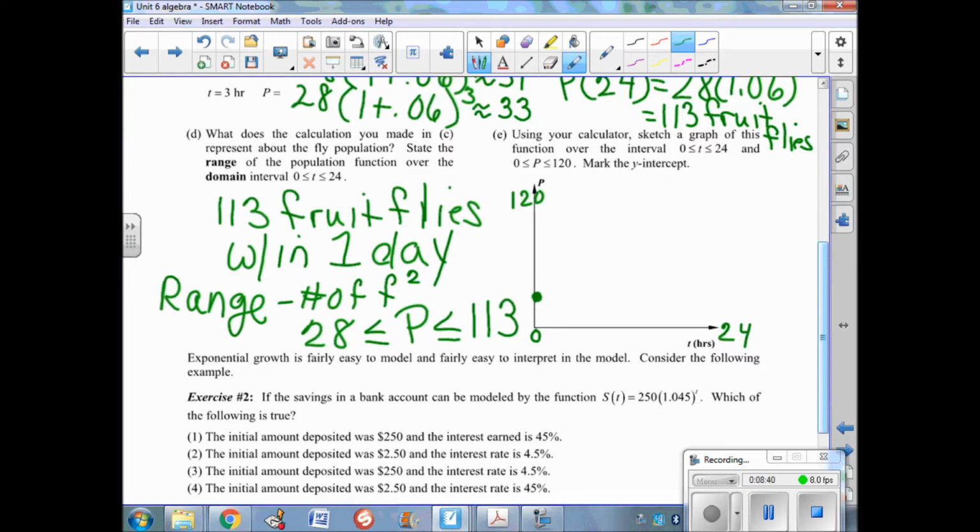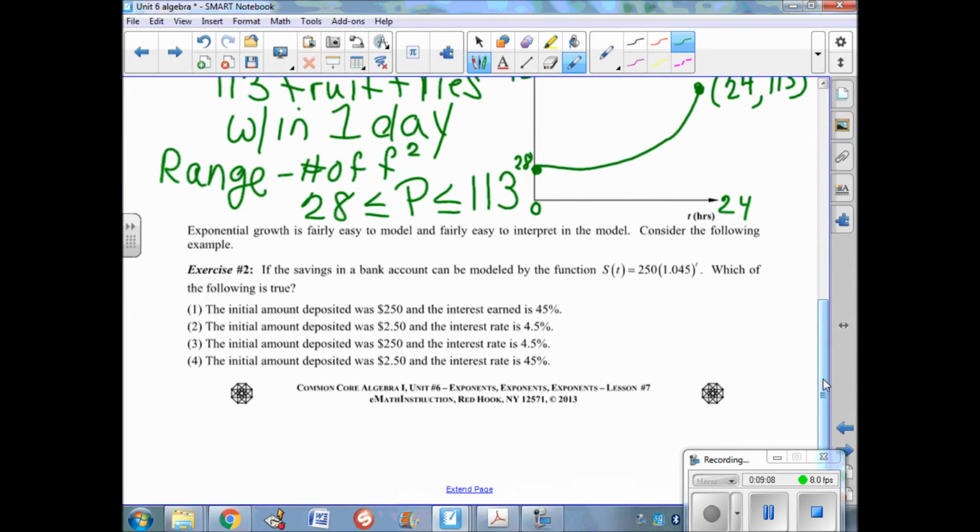We start at 28. That's our y-intercept, our beginning point. And then it increases exponentially. And then we end, I went up a little too high. So let's back that up just a little bit. So that point right there would be 24, 113.